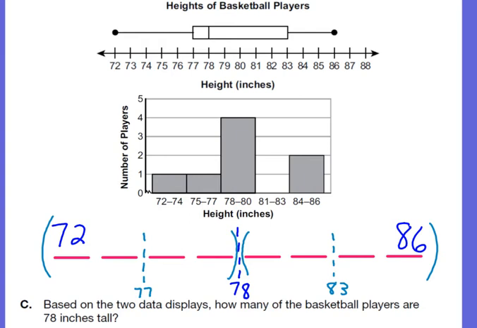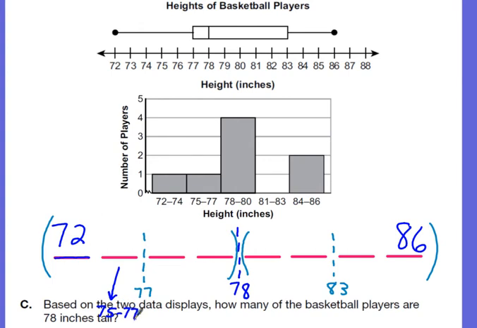I guess now we can go to the histogram, okay? There was one player between 72 and 74 inches tall. That's that spot. This one player would be somewhere between 75 and 77.